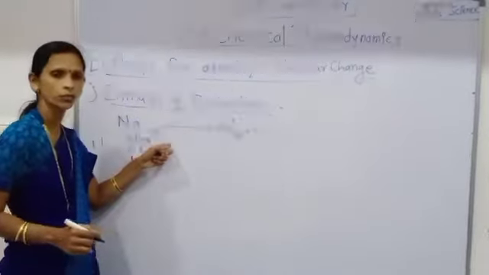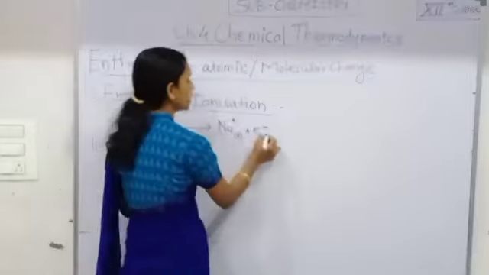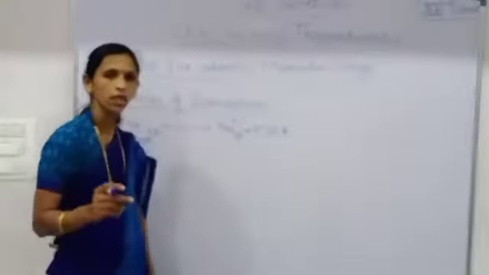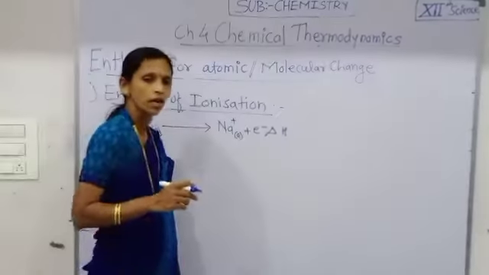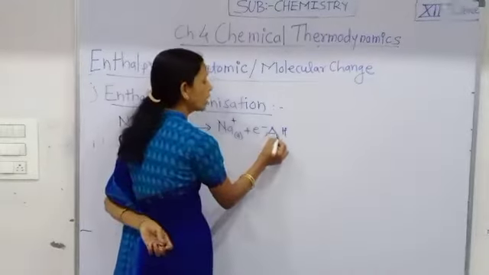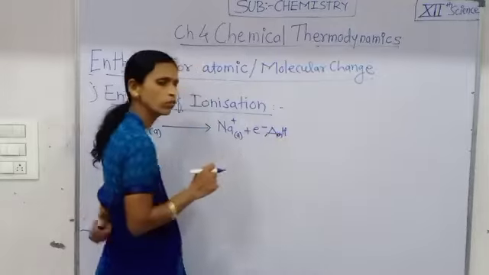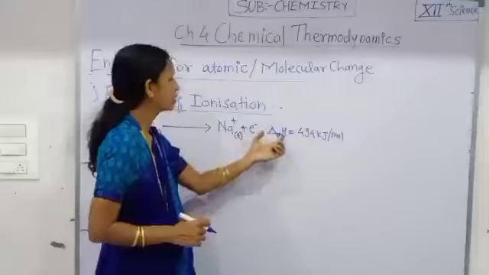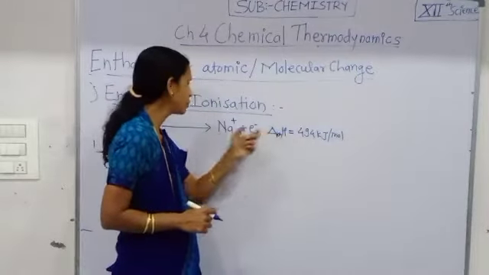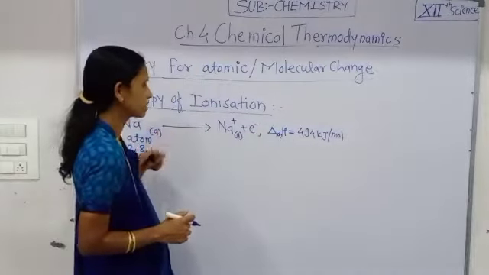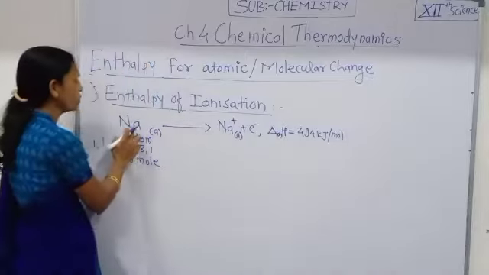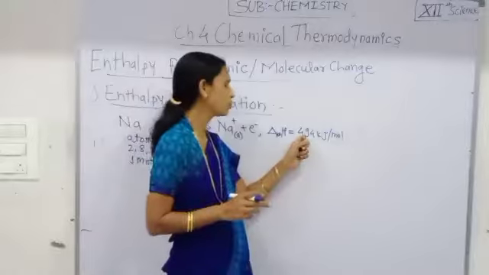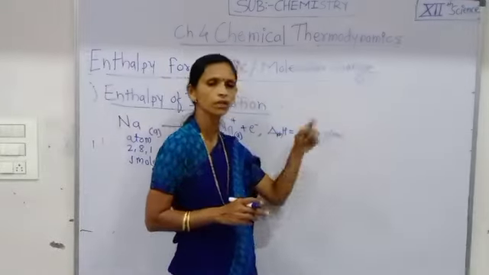For this process, the enthalpy change related to it is called the enthalpy of ionization, also known as ionization enthalpy. Here the enthalpy for cation formation from the sodium atom is 494 kilojoule per mole.